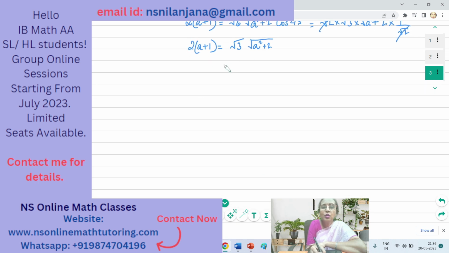Therefore, we have to square both the sides in order to get rid of these radical signs. So this will be, okay, let me write it this way. 2 times a plus 1 whole square is equal to 3 times a square plus 2. And what is this equal to? 2 square is 4. A plus 1 whole square will be a square plus 2a plus 1, equal to 3a square plus 6.